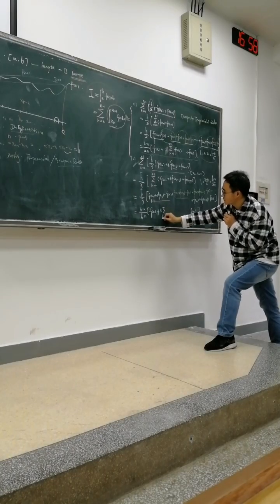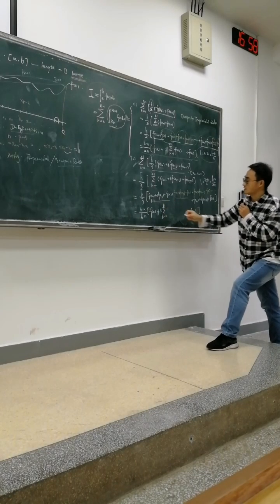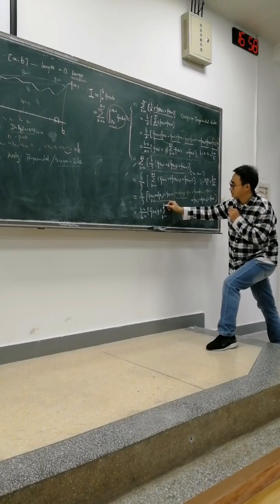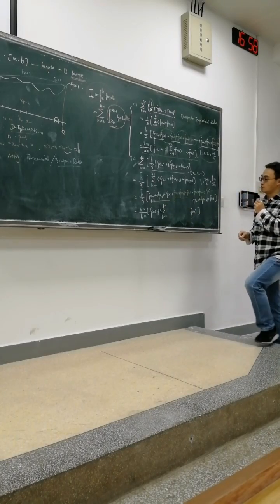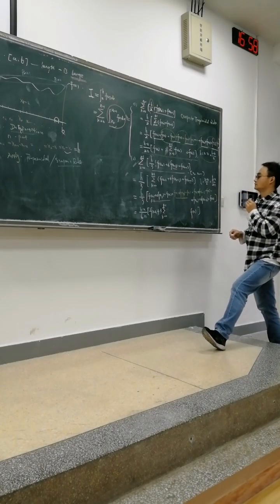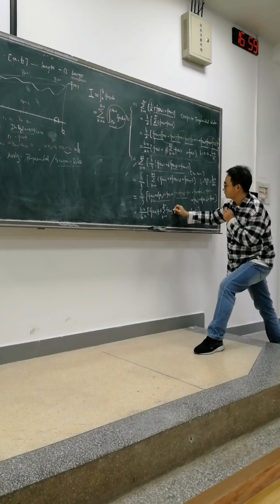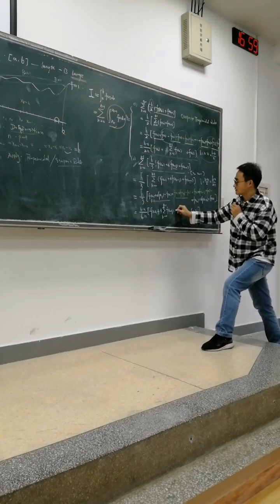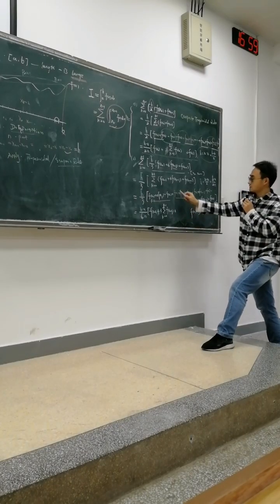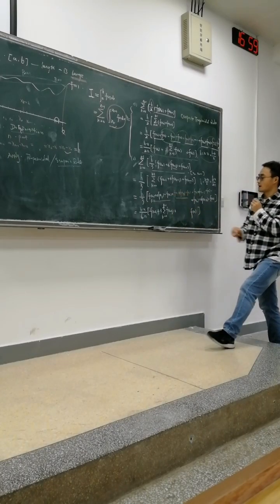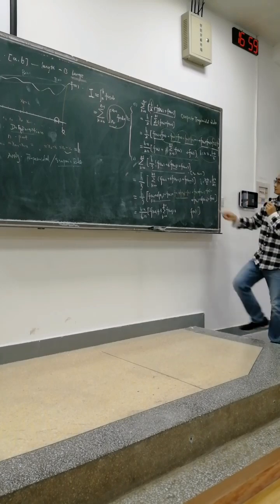Here should be summation, k from 0 to n minus 1, of f of xk plus 1 over 2, right? And each of these middle points appears 2 times, right?